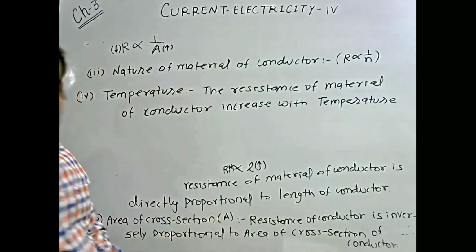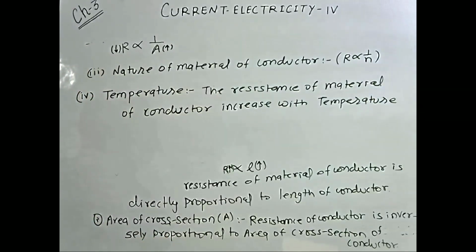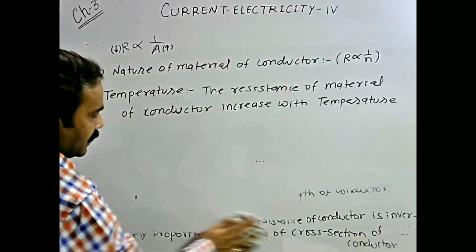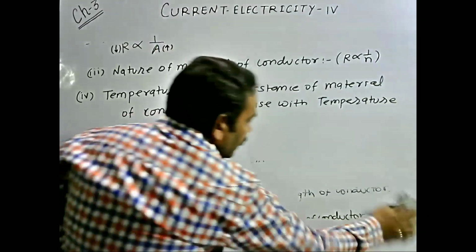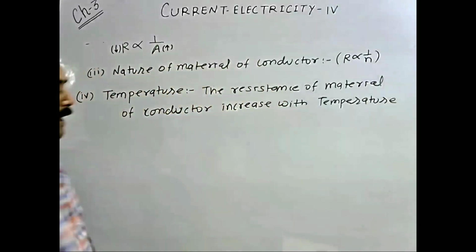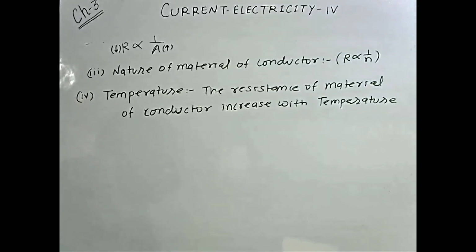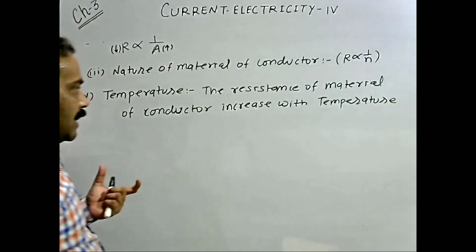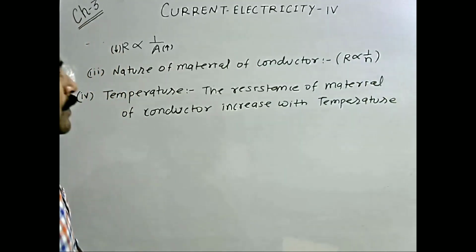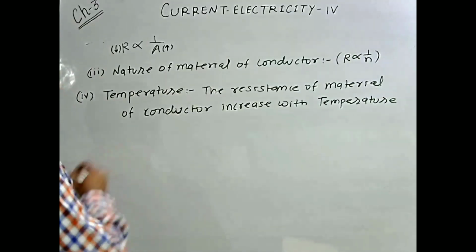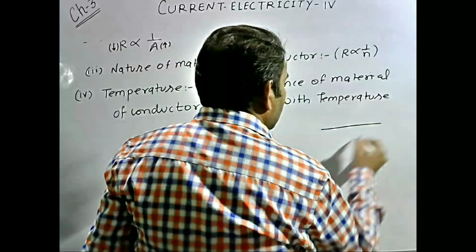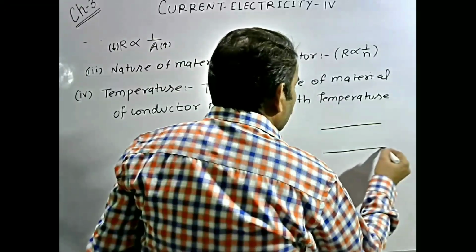You know why resistance of material of conductor increases with increase in temperature? As we know, when temperature increases, the number of collisions also increases. Clear? So suppose it is a conductor.